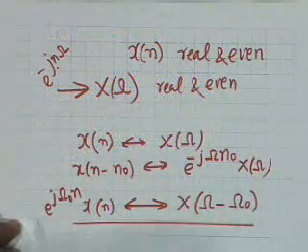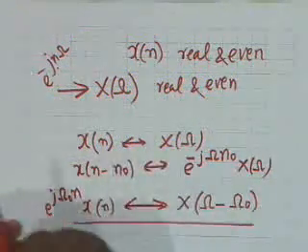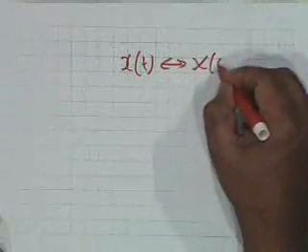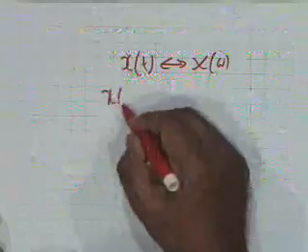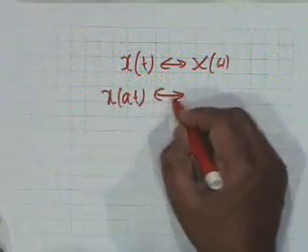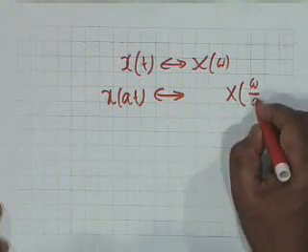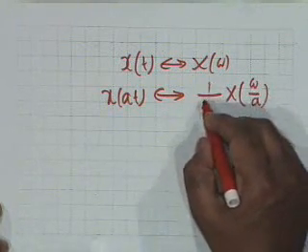The next property in the sequence would have been scaling in the time and frequency domain. That is, you remember that if x of t in the continuous time domain is X of omega, then x of at goes as capital X of omega by a, and the scaling factor is 1 by mod a.